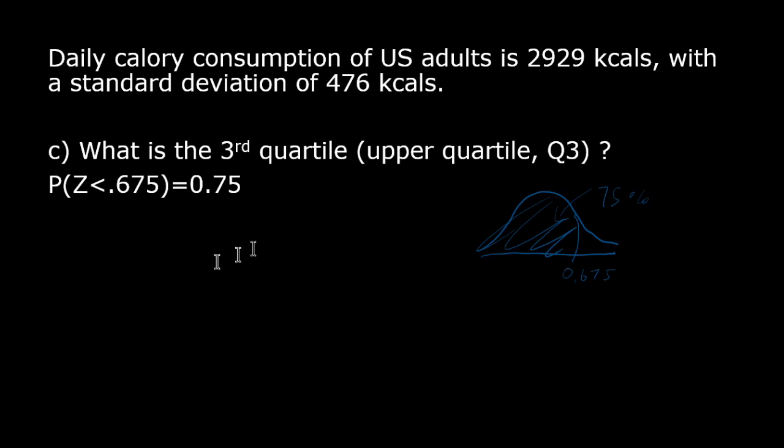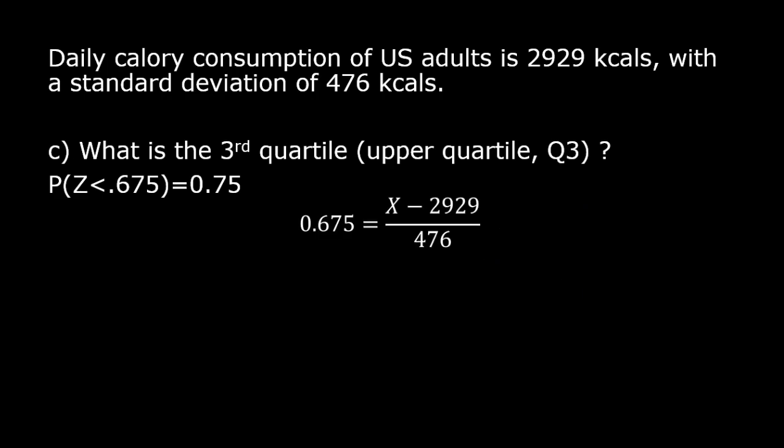X follows a bell curve or the normal distribution with mean value at 2,929 and standard deviation at 476. So you have to convert z back into the x. And this time what you have to do is, instead of calculating the z-score, you have to set z as 0.675 and come up with this equation. And we have to find x.